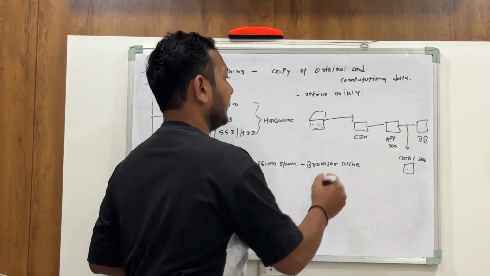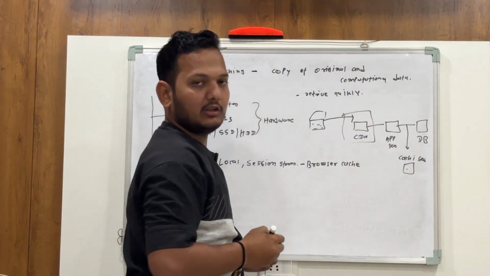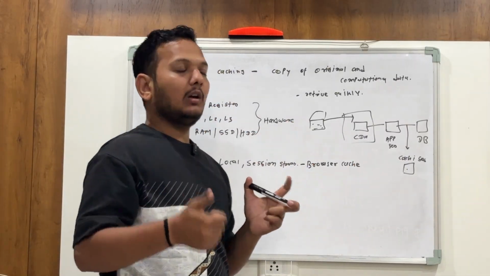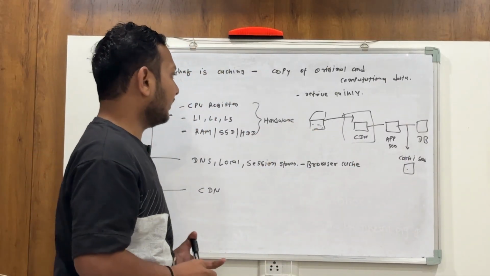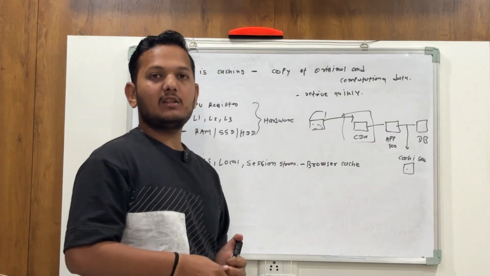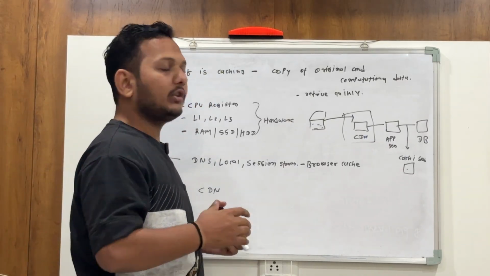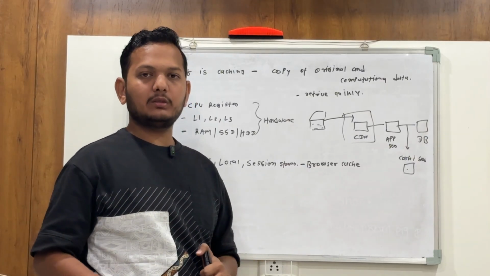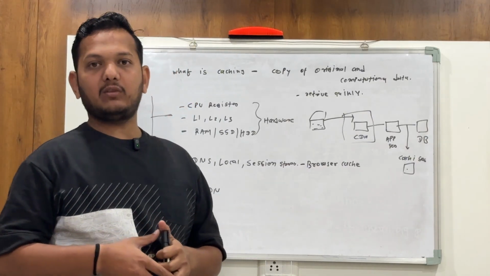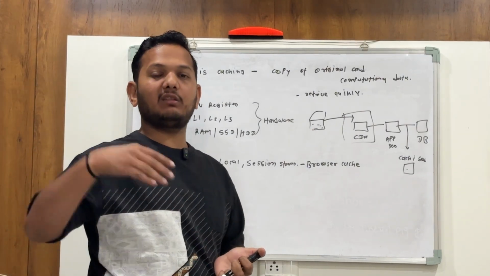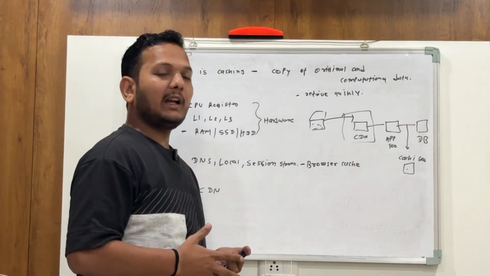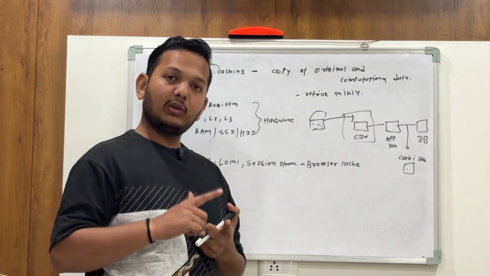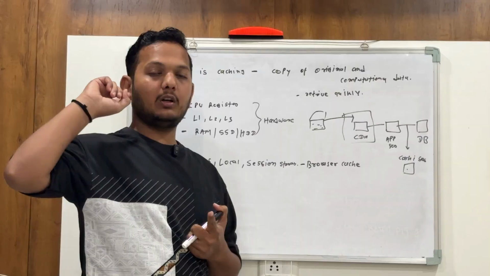Right. So there is one layer called CDN that exists in between the app server and your local computer. The full form of CDN is content delivery network, correct? What CDN does is place multiple servers in multiple geographical areas. For example, one server in India, second server in the US, right? So whenever I am using youtube.com from India, my request only goes to the India server, not the US server.